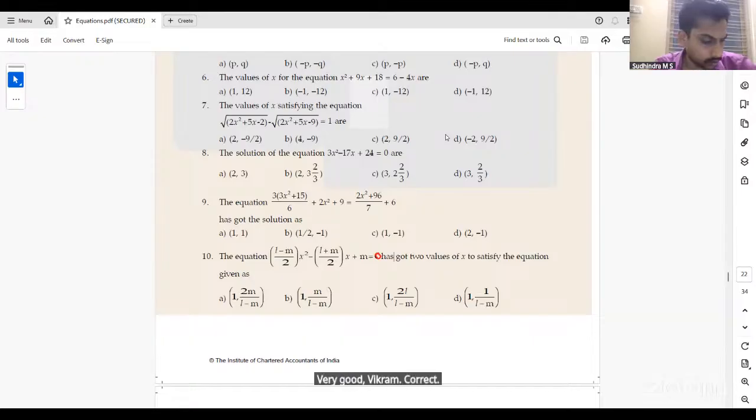Correct. Adrut, correct. Lahari Acharya, correct. 10th one, Ramani. Question number 10.